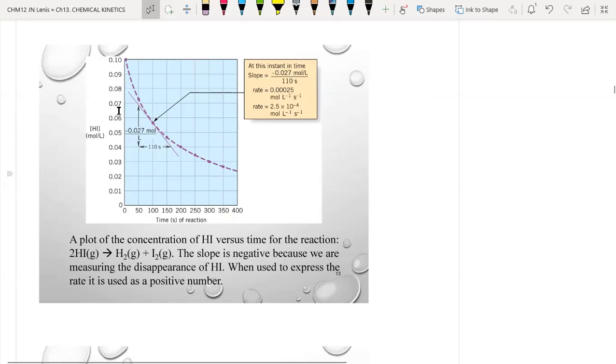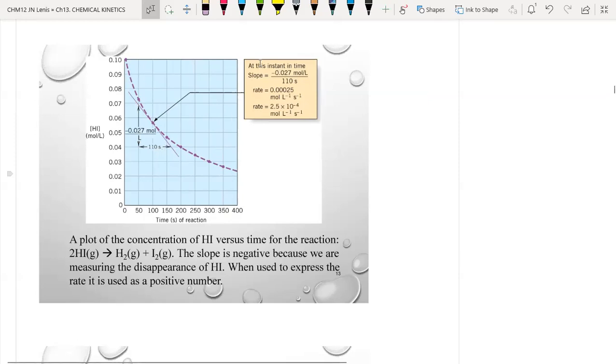Concentration went down from 0.07 to 0.04, and that happens in a period of 110 seconds.